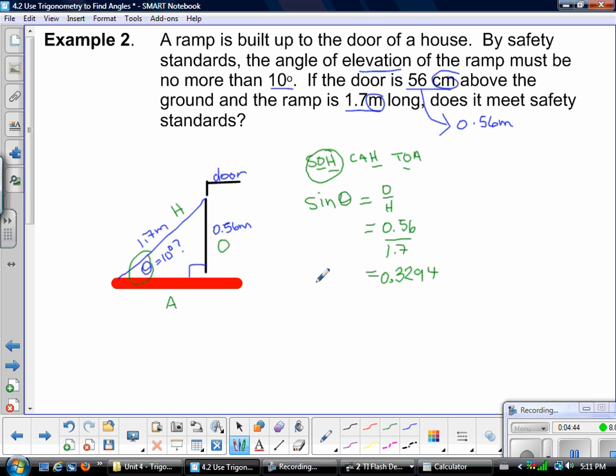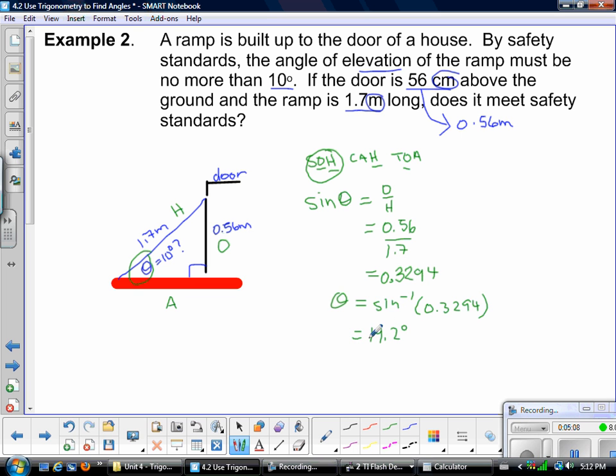Okay, now if I figure out my theta, I can see whether I'm up to code or not. So I'm going to take the sine inverse of our ratio, and when we do that, we discover it is 19.2 degrees.